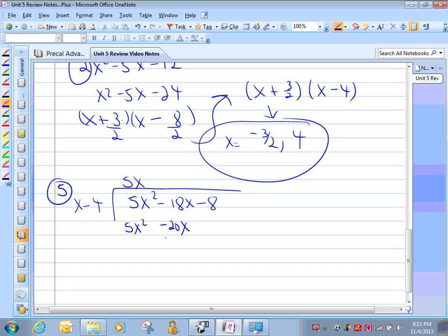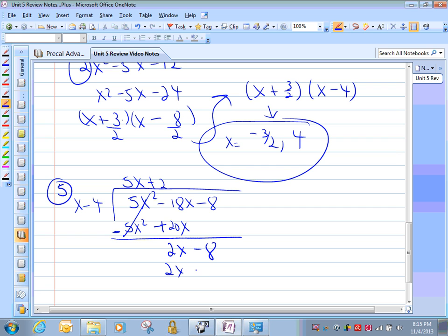All right, the next thing we need to do, remember, we're going to draw our line, but before we do anything, we're going to change all the signs because we're subtracting everything. So this becomes a negative, and this negative would become a positive. Now, these should always cancel. We're going to add down, and we're going to get 2x minus 8. And then x times something gives us 2x. That would be a positive 2. 2 times x is 2x.